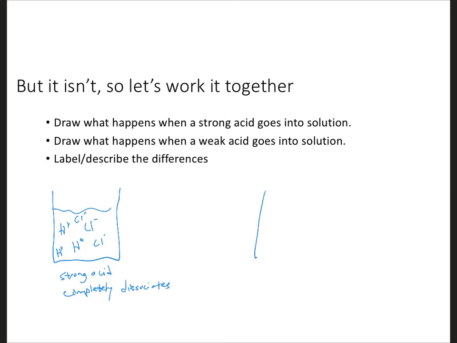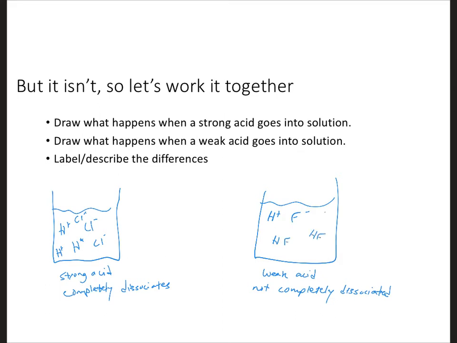And so the counter example then is going to be that weak acid. We're expecting that it's not going to completely dissociate. And so if it doesn't completely dissociate, that means yes, you're going to see some H pluses and some F minuses, but you're also going to see HF, probably more so than the H plus F minuses, floating around in solution, right?